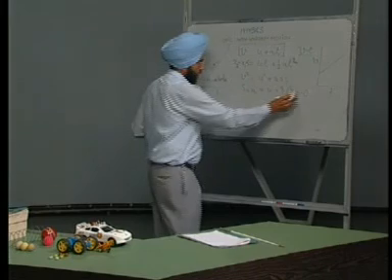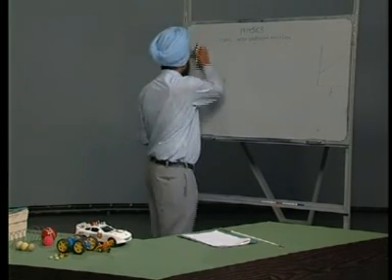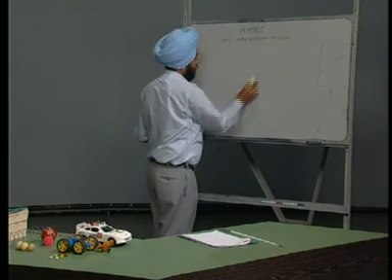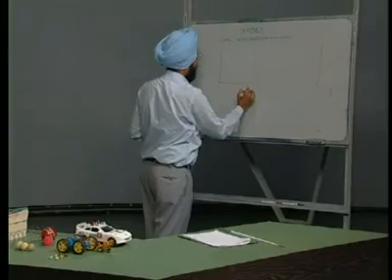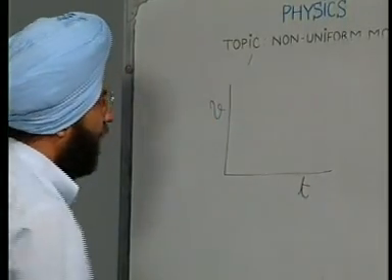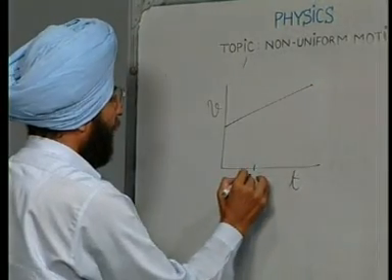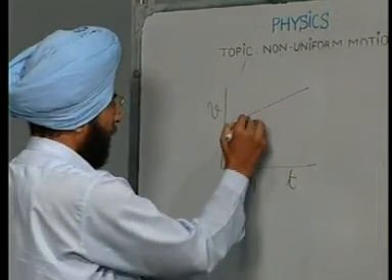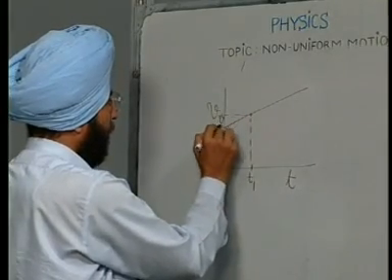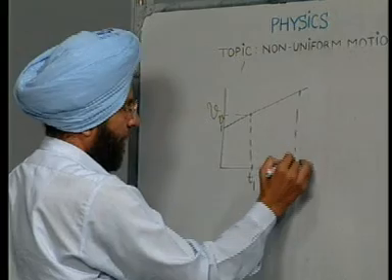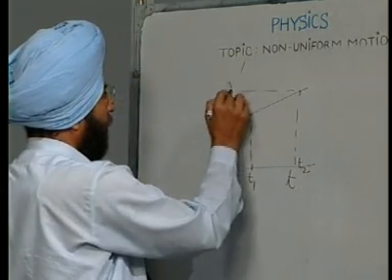Now, if we have this straight line graph between v and t, velocity and time, we take at time t1, velocity is say v1, at time t2, velocity is v2.